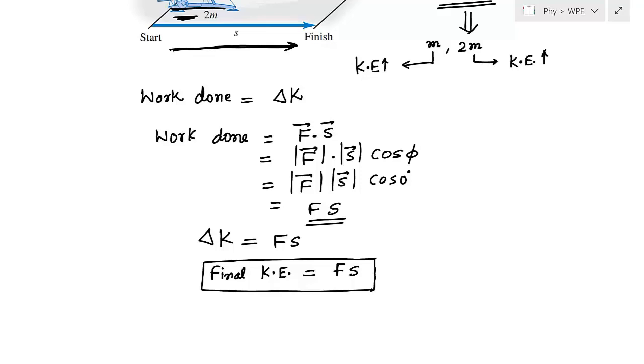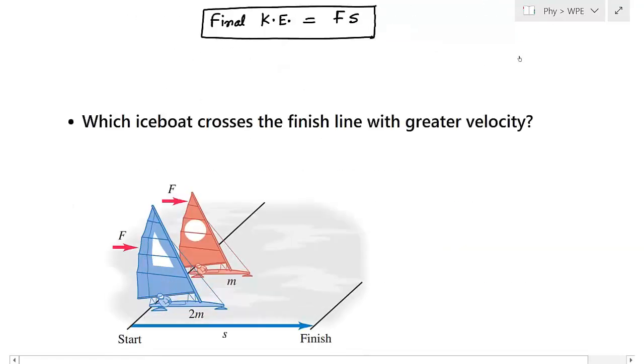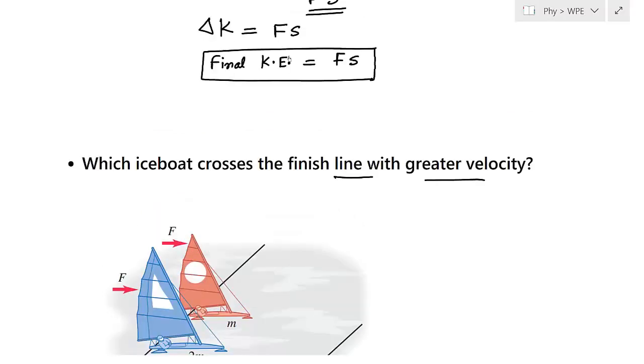We can also find the final velocity in both cases, that is the second part of the problem. Which ice boat crosses the finish line with greater velocity? We said both cross the finish line with the same kinetic energy, but which will have greater velocity? You can find this easily. There are two methods. You can either use final kinetic energy equals F into S, or you can use kinematic equations.